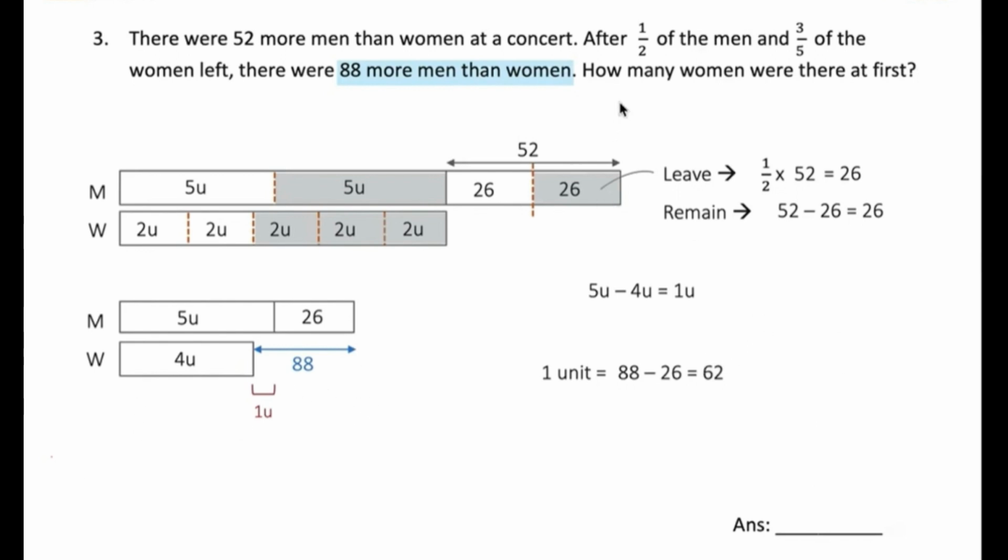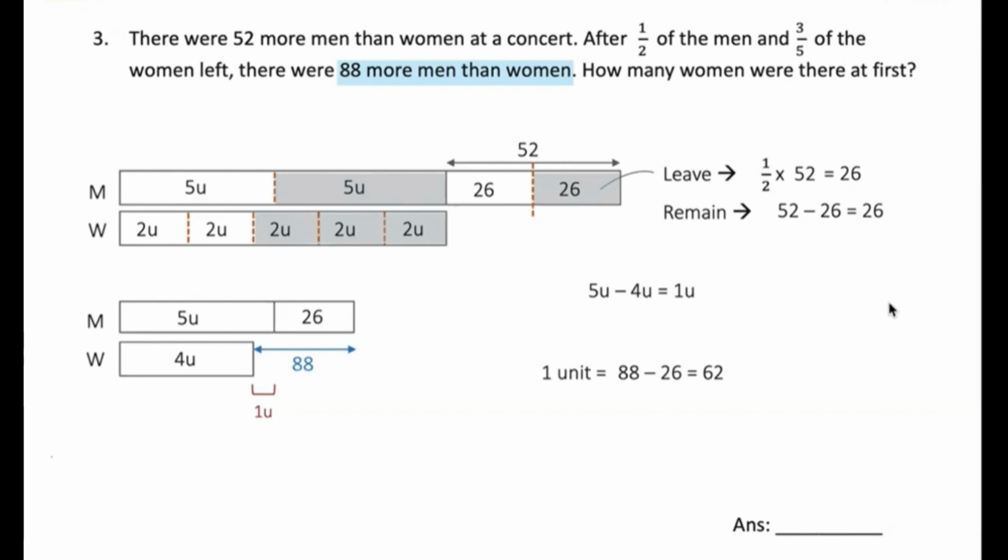Now read the question. How many women were there at first? Women at first is 10 units. If the question asks how many women were left, there's 4 units. How many men were left? It will be 5 units plus 26. Okay, so got to be careful. Read the question carefully. It's not always asking the total.